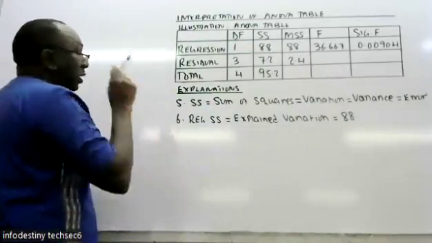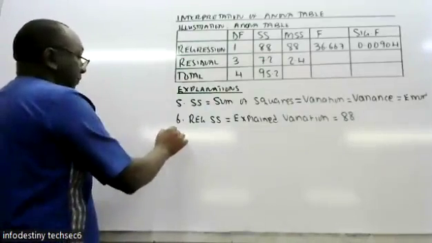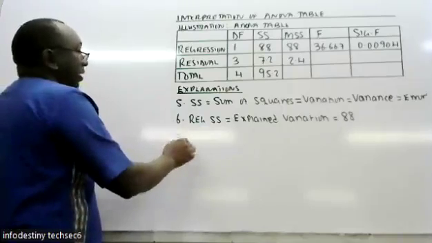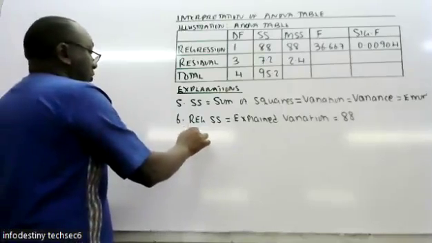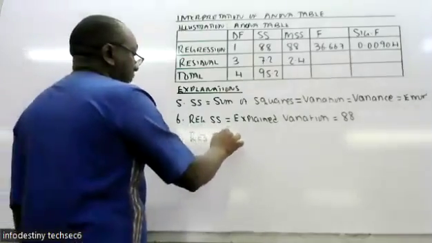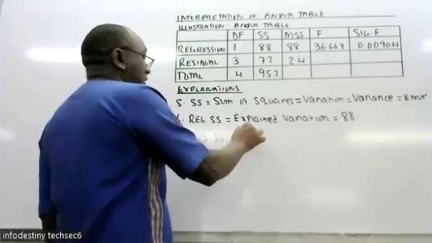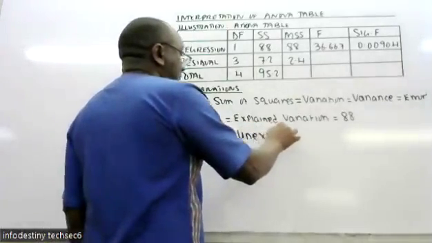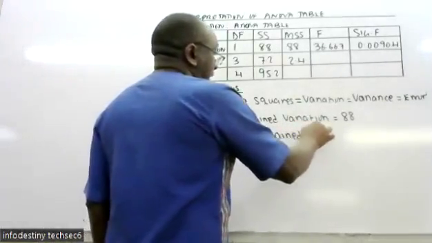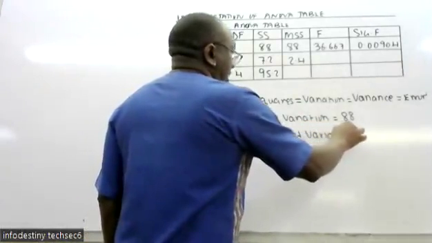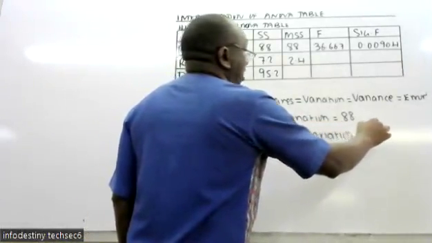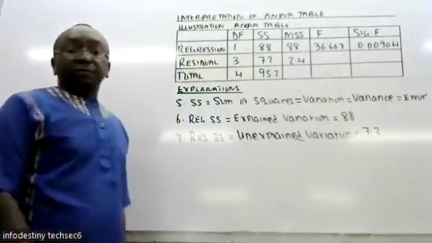Now the next thing, number 7, is residual SS. Residual SS is what in our notes we called unexplained variation. This unexplained variation is 7.2.